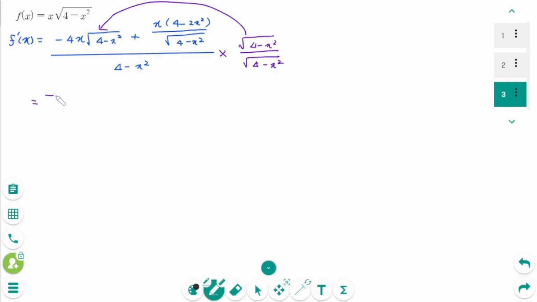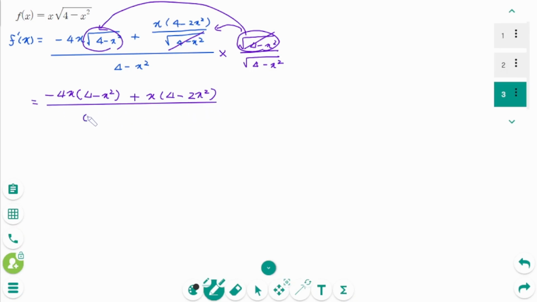First one is minus 4x times this one and this one, make together 4 minus x squared, plus then second one, and this one is cancelled, then x times (4 minus 2x squared) over 4 minus x squared times square root of 4 minus x squared.